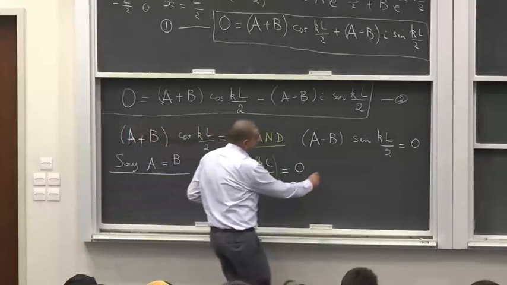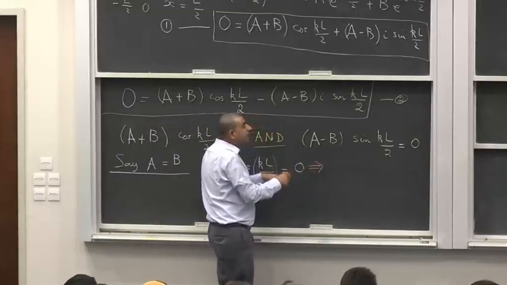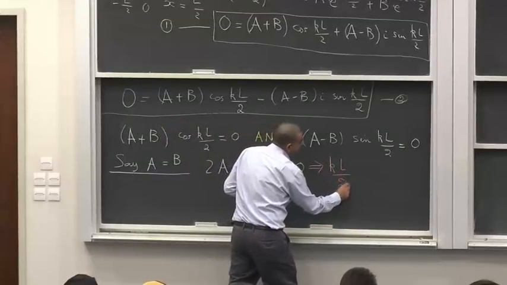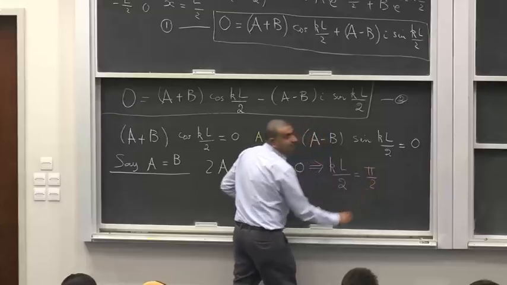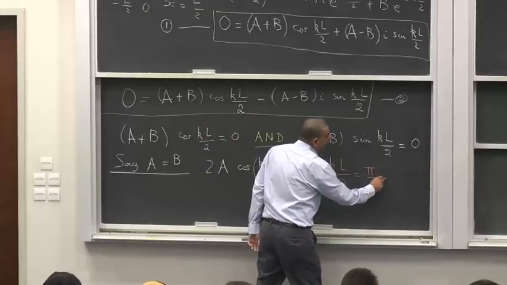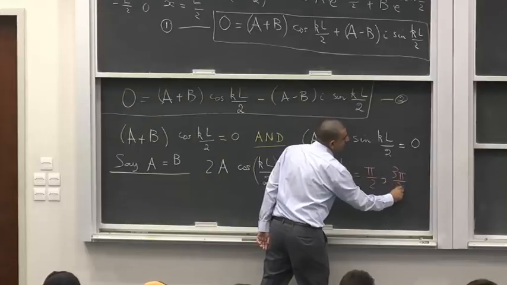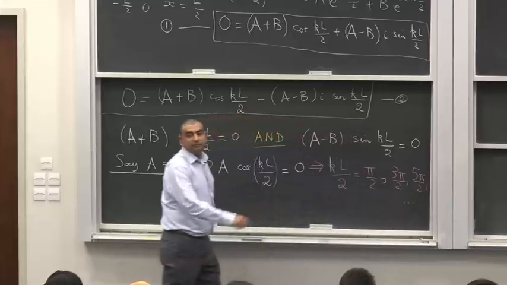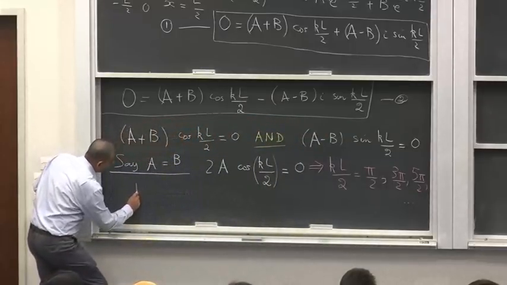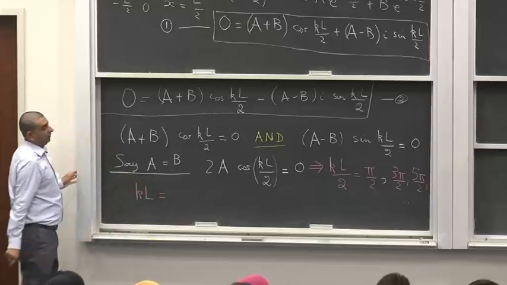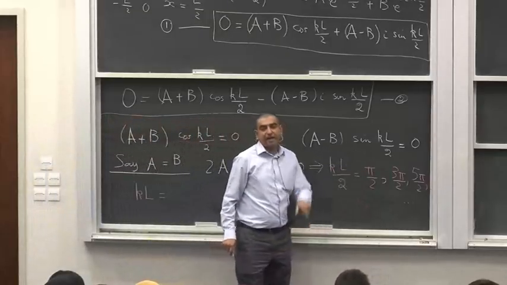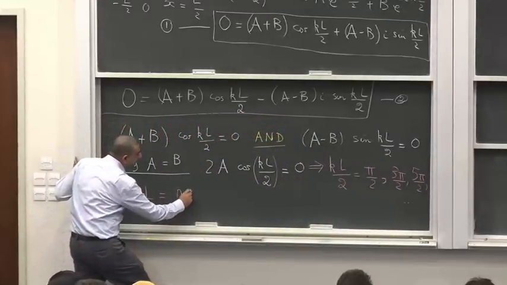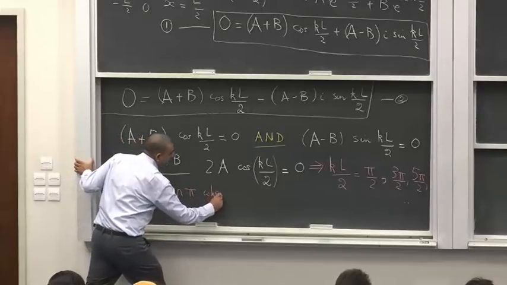So this would imply that if A equals B, then KL over 2 must equal pi over 2 or 3 pi over 2 or 5 pi over 2 and so on. So KL must equal pi, 3 pi, 5 pi, 7 pi and so on. So KL equals n pi, where n is odd.